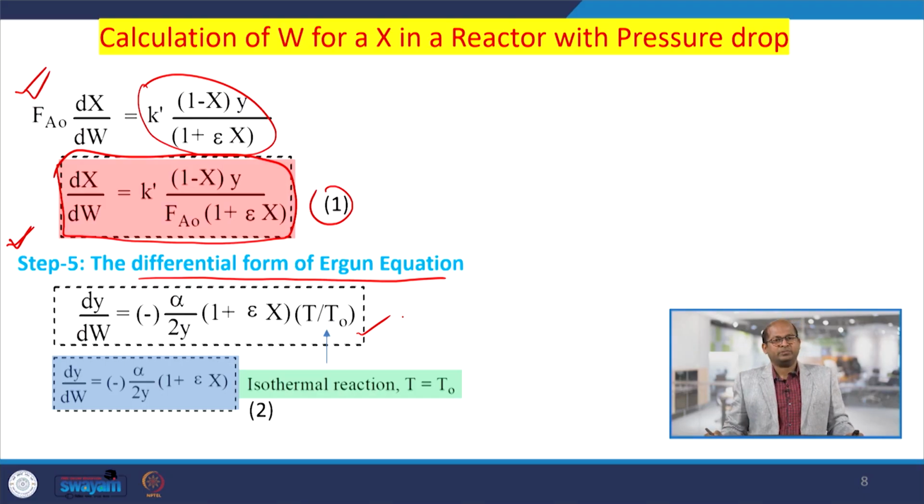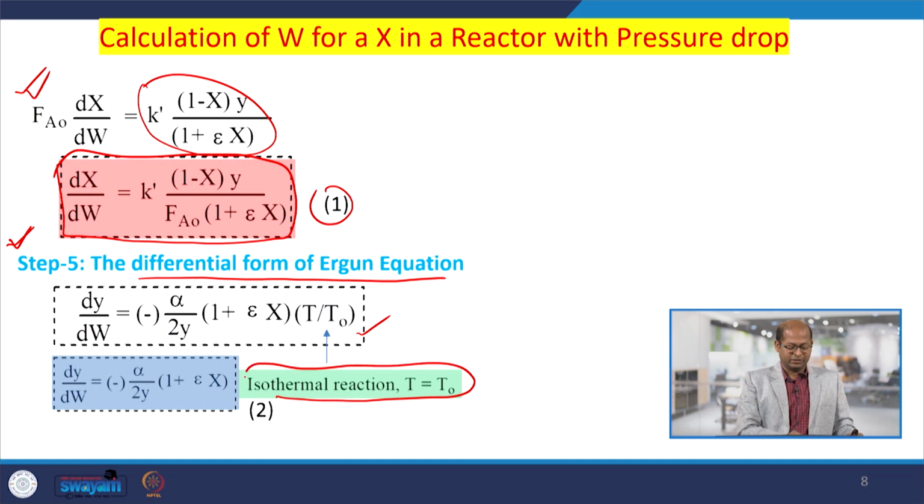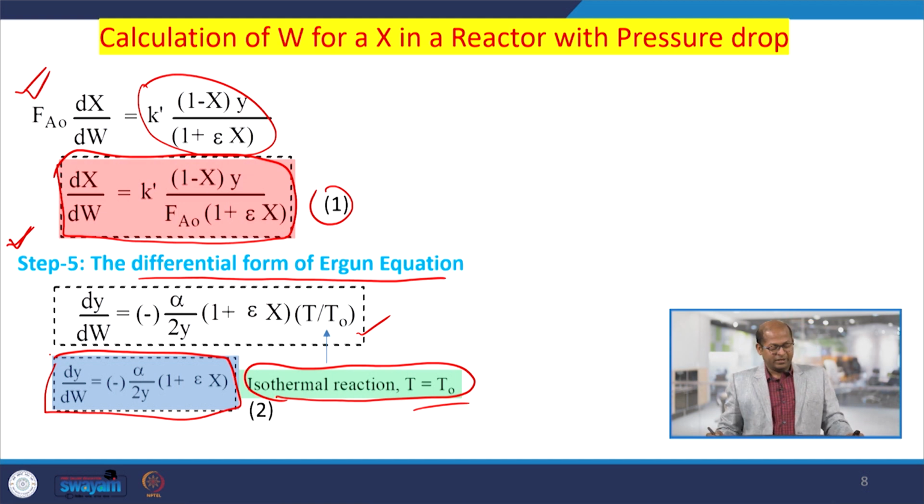Here we assume the reaction occurs inside the reactor under isothermal conditions, so T equals T naught and this part we can eliminate. By this way we get dy by dW equals minus alpha by 2y into (1 plus epsilon X). So now we have equation 1 and equation 2 for this particular reaction.